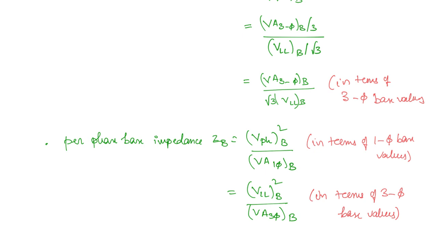And if you are taking the per unit value of a line voltage, then you will have to take the base value of the line voltage. Only then are you going to get the correct per unit values. This confusion arises mostly in three phase systems, so you have to be careful when you are applying the per unit system for three phase systems.